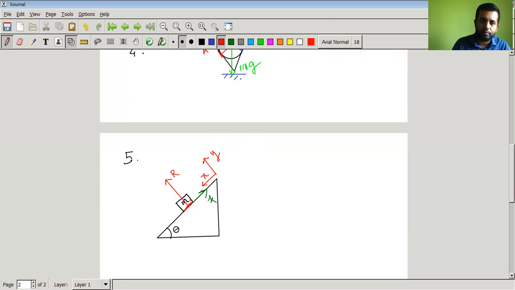Now, what about gravity? This is Earth, right? Weight always acts perpendicular to the surface of the Earth, so you will find a force mg. This is by the Earth. So this is the free body diagram of the block resting on an inclined plane.